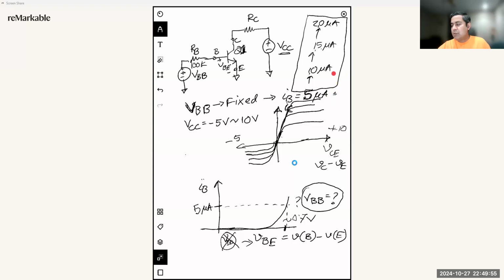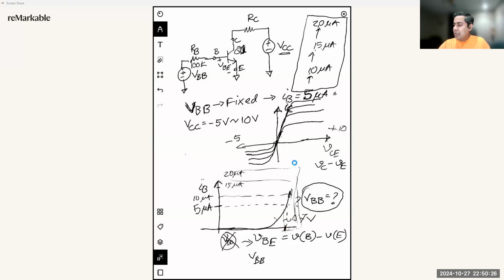Then you can go back to that plot and find what voltage to apply to VBB to get 10, 15 and 20 microampere. You can change this axis back to VBB to get those points on the x-axis.